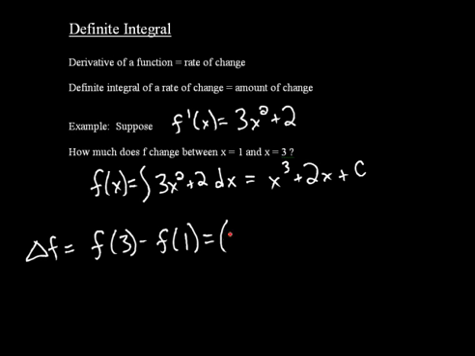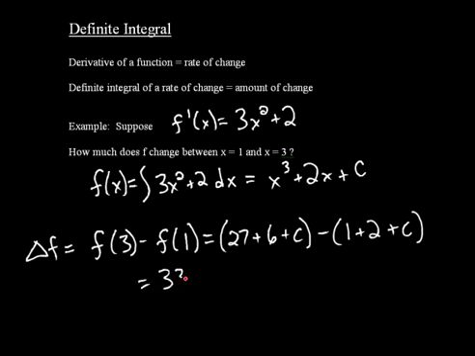And that just gives me 27 plus 6 plus c minus, and if I plug in 1, I get 1 plus 2 plus c. So this gives me 33 plus c minus 3 minus c. And notice our c's cancel, and we didn't even need to figure out what that constant was. And our total change is 30.